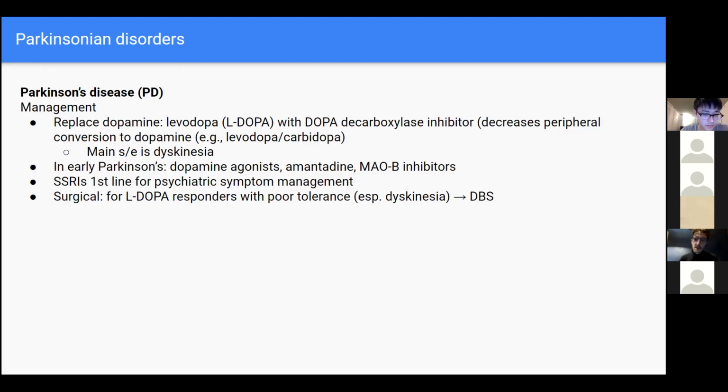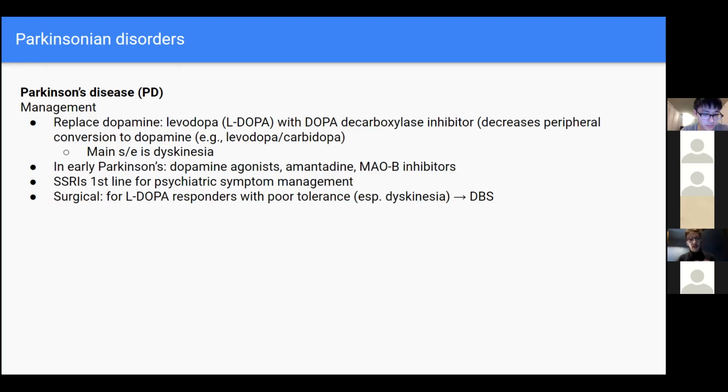The reason that you give levodopa with a DOPA decarboxylase inhibitor is that it's going to decrease the peripheral conversion to dopamine. Historically, it was levodopa alone that was given to replace dopamine, and people had a lot of side effects because they were getting dopamine in the periphery.